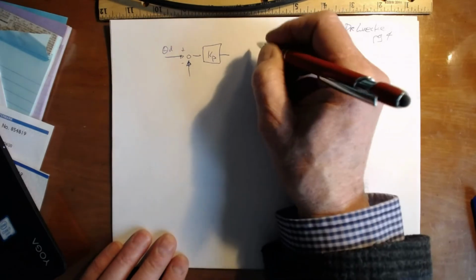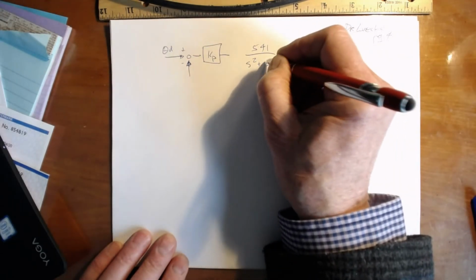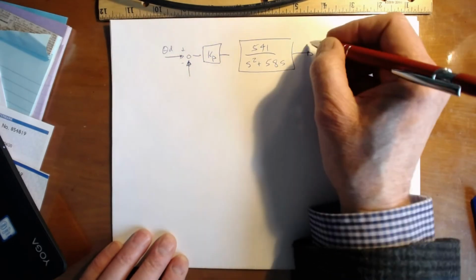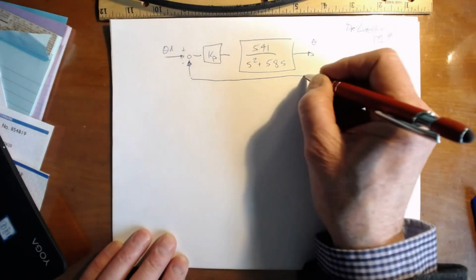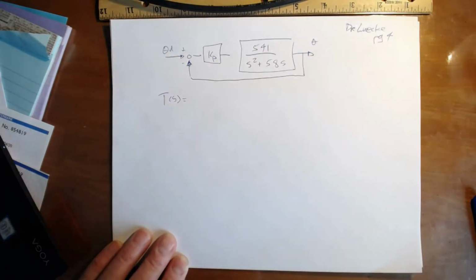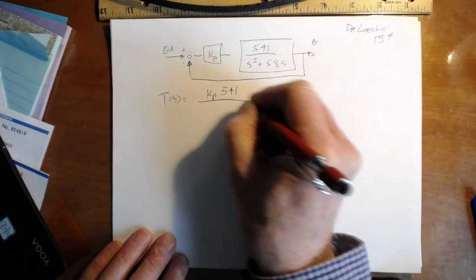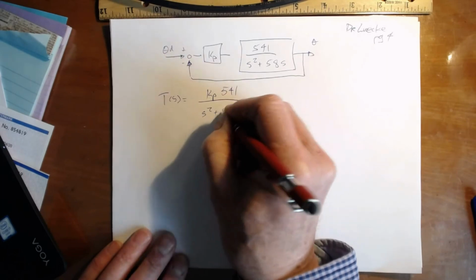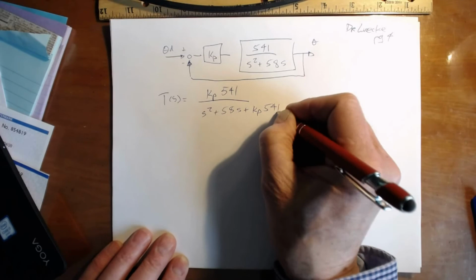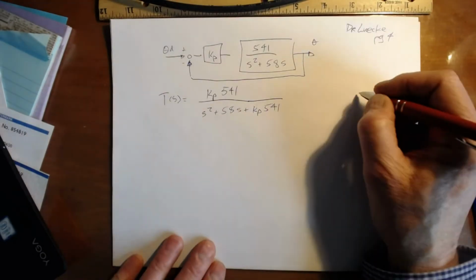Here is 541 over s squared plus 58s. And here's theta. We know that the transfer function for this system is equal to Kp times 541 over s squared plus 58s plus Kp times 541. And so what I'm asking you to do now is to just make a little table.